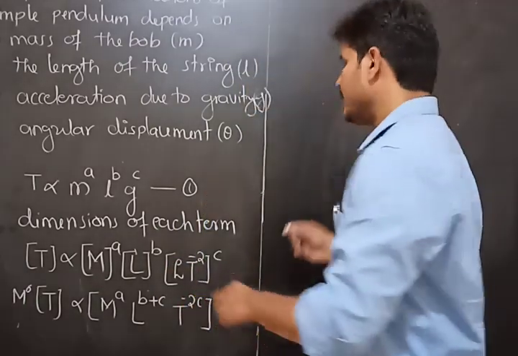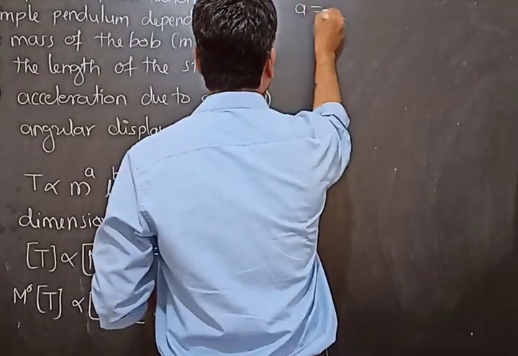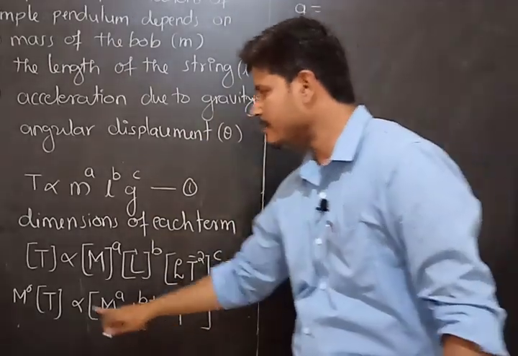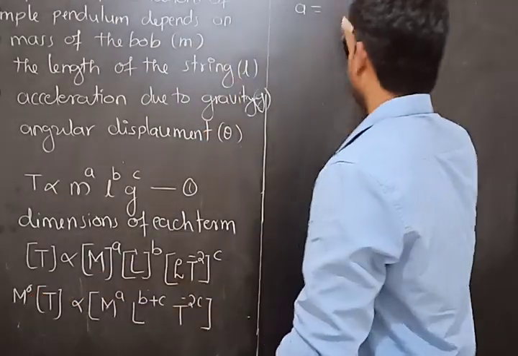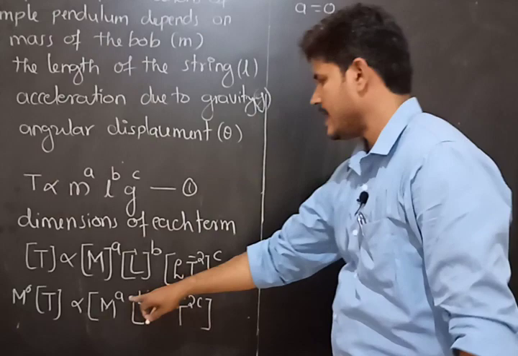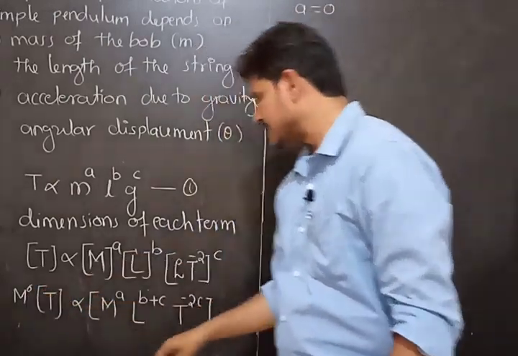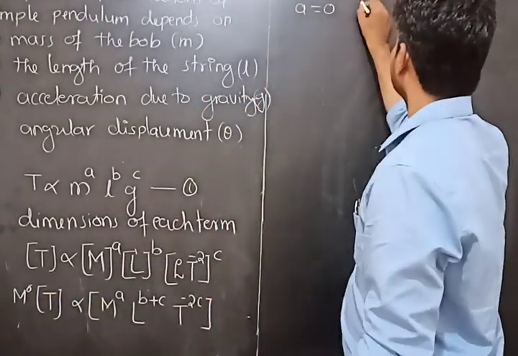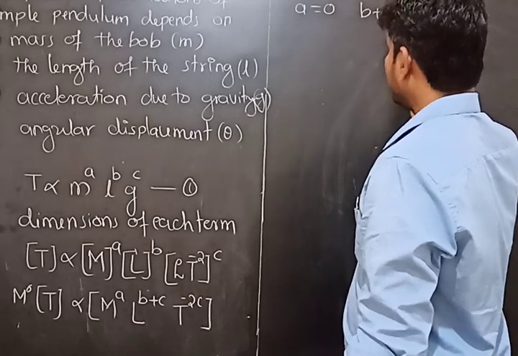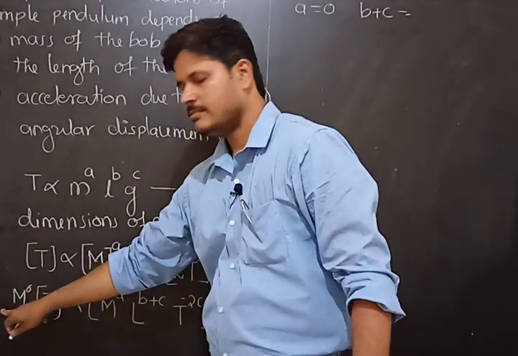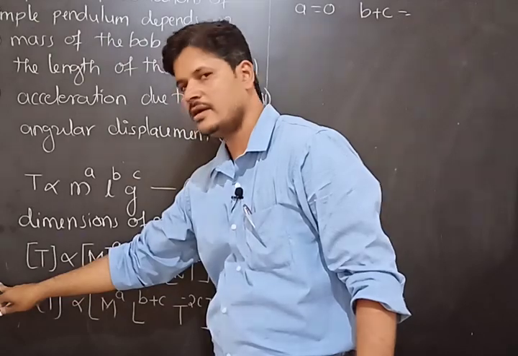So comparing with m raised to 0, a is equal to 0. Similarly, for b plus c, can I take L raised to 0 here?